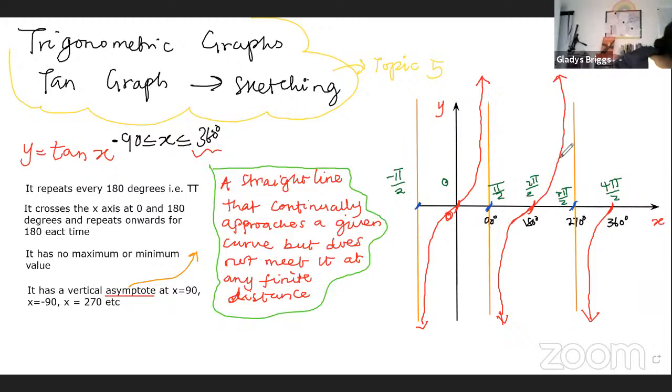Let me see, I hope I've shown you everything. This is going down here. I'm just going to use the black pen to draw my asymptotes so that you see them more clearly.